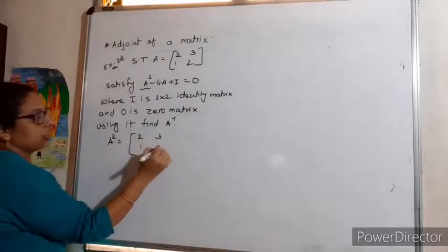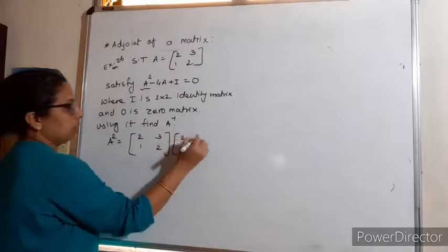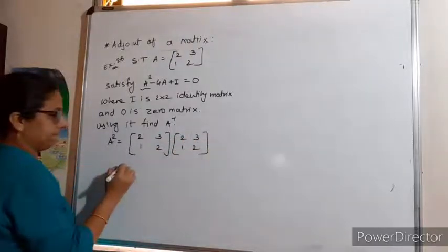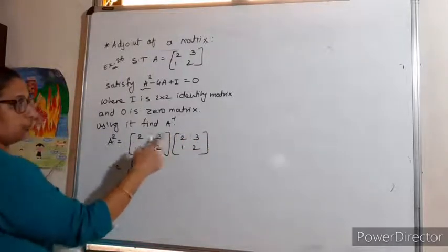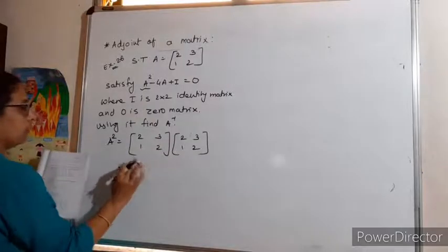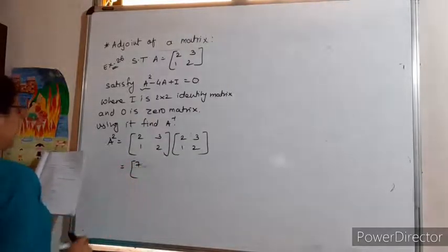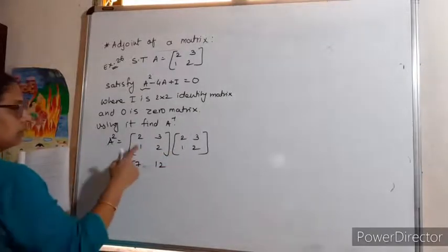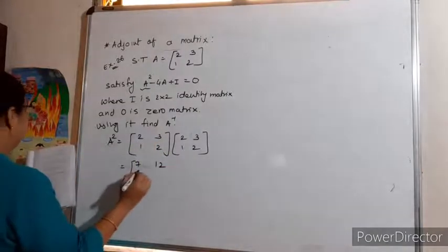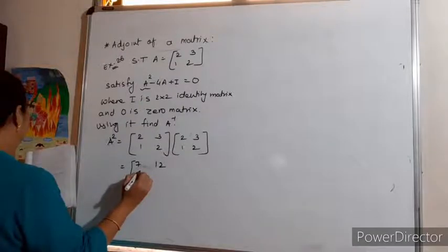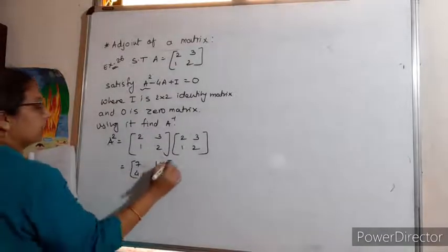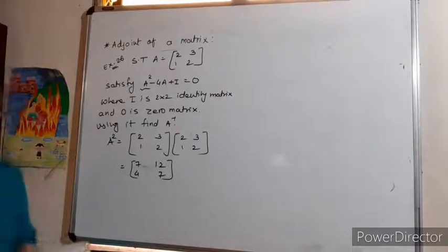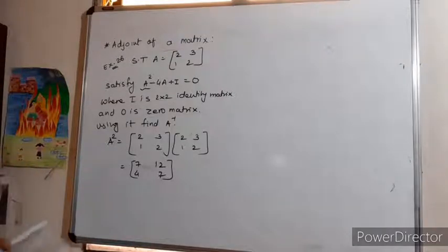2, 3, 1, 2 into 2, 3, 1, 2. It is 4 plus 3, 7. 12. 4. Yes. And 7. You know how to find A into A, that is the product. Right? Okay.